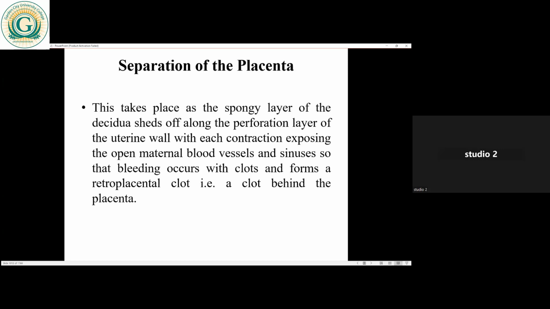The decidua sheds off along the spongy layer, along the perforation layer of the uterine wall, with each contraction exposing the open maternal blood vessels, so that bleeding occurs with clots that form on the placenta. Clots that form behind the placenta also push the placenta down, and assist in its separation.